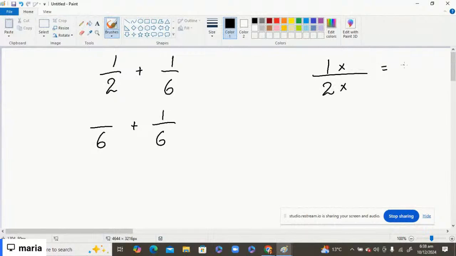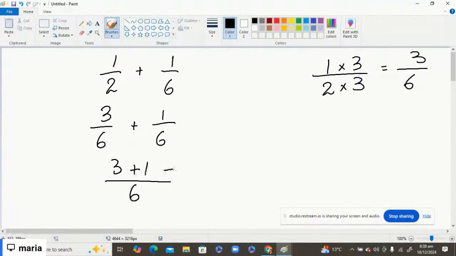The answer becomes 6 by multiplying with 3. 3 times 1 is 3, 3 times 2 is 6. So 3 by 6. Now here 6 and 6, so I'm just putting 6 here, and 3 plus 1 on the top. 3 plus 1 is 4 by 6, and that is your answer.